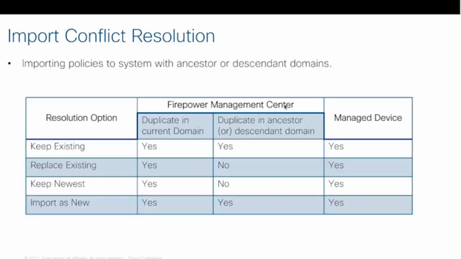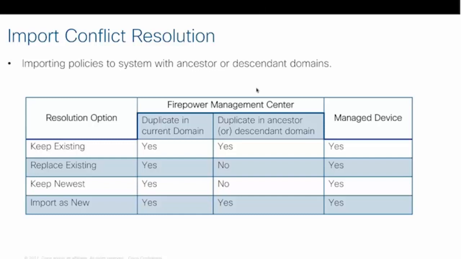When we are trying to import a policy into a multi-tenant domain or into a system that contains ancestor or descendant domains, then the option presented to us in the import conflict resolution page entirely depends on which domain we are trying to import this policy to. For example, if we are trying to import the access control policy and its associated dependent policies to the current domain, then the import conflict resolution page will present us with the options keep existing, replace existing, keep newest and import as new.